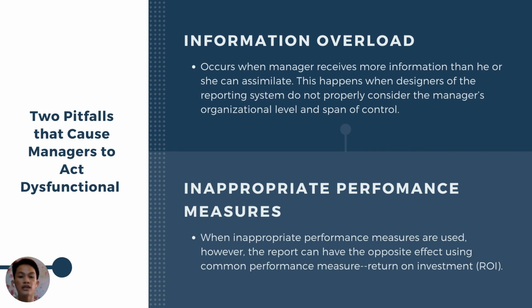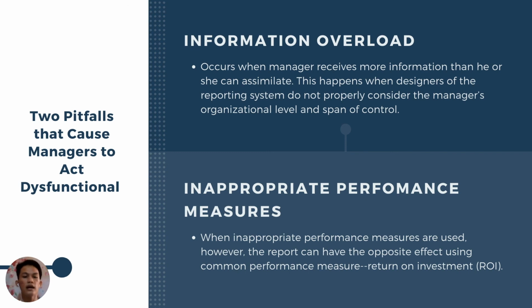This happens when designers of the reporting system do not properly consider the manager's organizational level and span of control. So, of course, if there is too much information even if it is not related to the evaluation of the accounting responsibility, there will be information overload, which could lead to dysfunction. The manager acts dysfunctionally because it is too much. Instead of only the information we need, everything was dumped, even what is not needed. That information was given, so it will possibly lead to the dysfunctional manager's act.